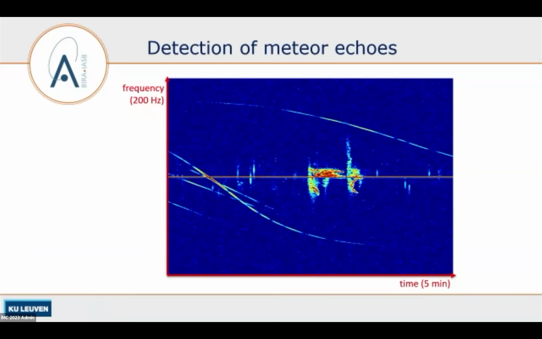Then you have these slanted, very long curves. These are so-called airplanes, which are also metallic tubes that reflect radio waves. You have these short vertical lines, which are the underdense meteors. And then you have these cloud-shaped structures, which are overdense meteors.